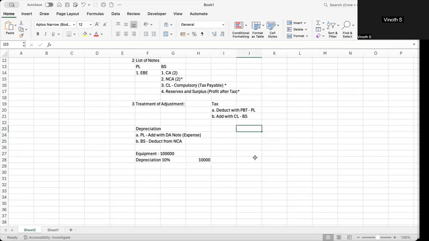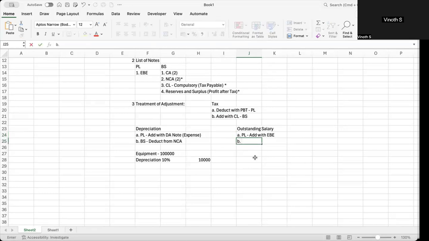The second type of adjustment is outstanding salary. The first treatment for outstanding salary: in the P&L, we are going to add it with employee benefit expenses.